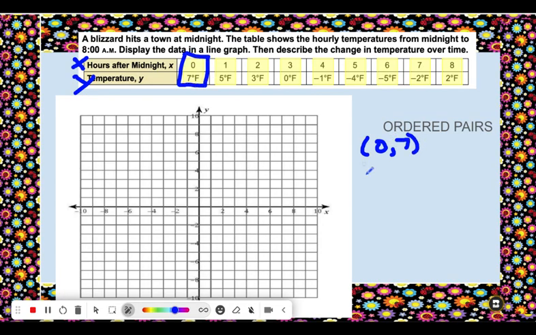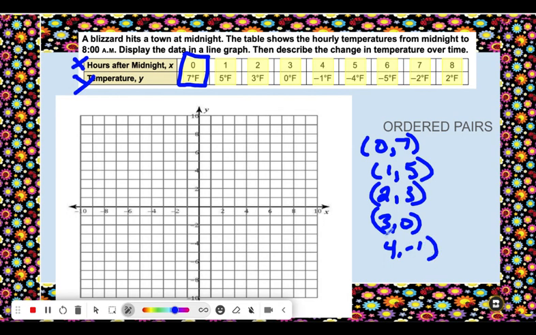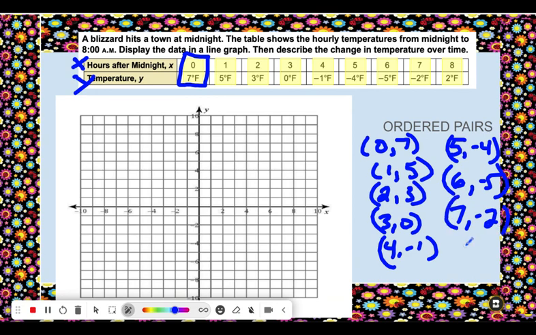I just looked here and I made an ordered pair. (1, 5), (2, 3), (3, 0), (4, -1), (5, -4), (6, -5), (7, -2), and (8, 2). So these are ordered pairs. We're talking about temperature after midnight.